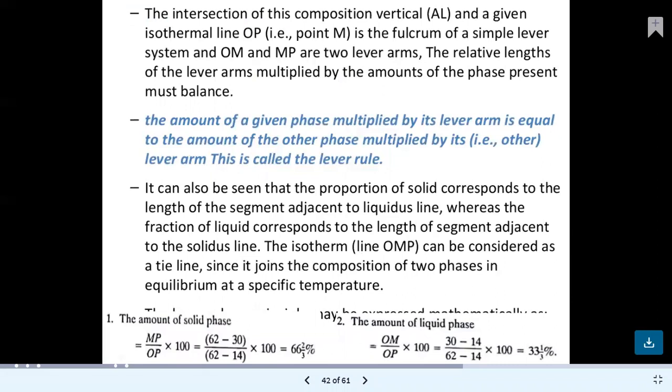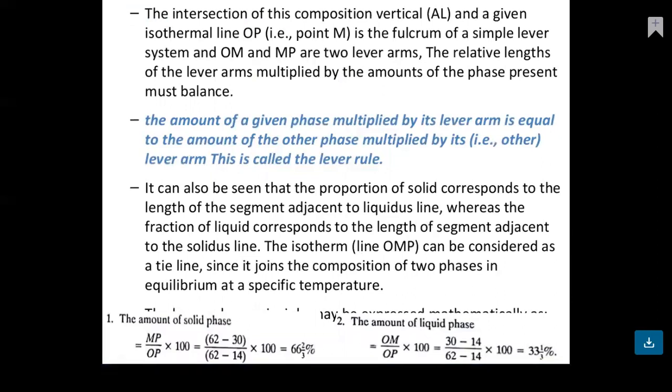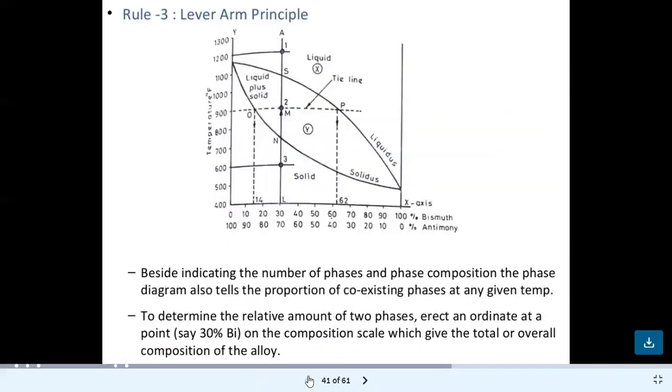The intersection of this composition vertical, that is AL, and a given isothermal line, that is OP. This AL vertical line and OP is horizontal line. See here, AL and OP.